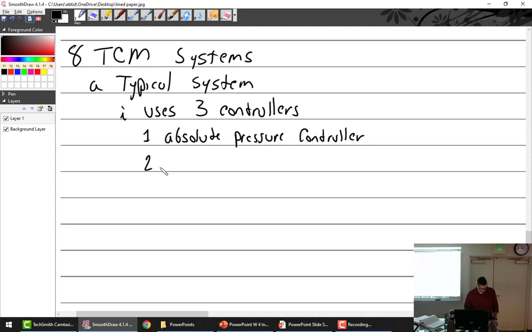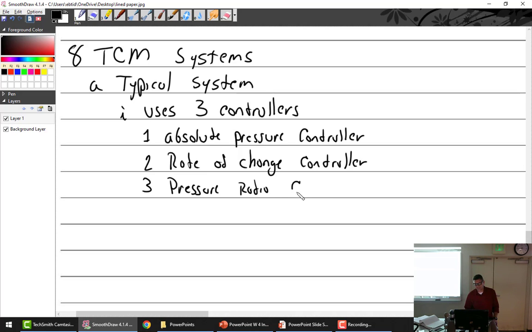A rate of change controller. Kind of sounds like differential. And then a pressure ratio controller. So absolute pressure controller sounds like a density controller. Pressure ratio sounds like differential. Rate of change controller is exactly what it sounds like. It monitors the rate of change.